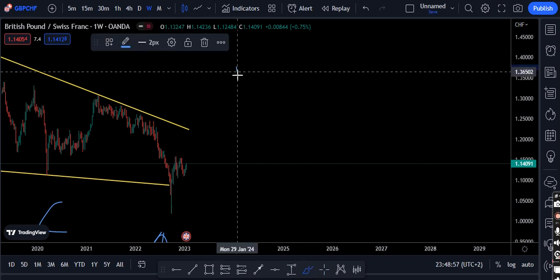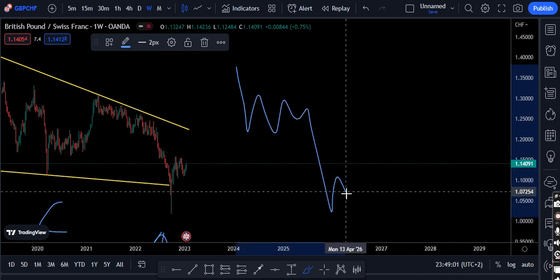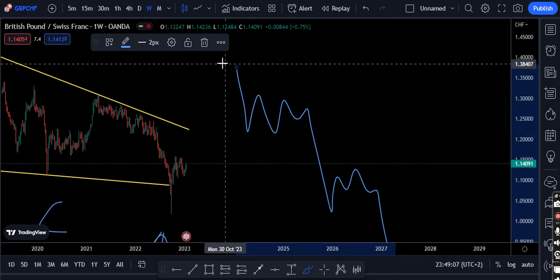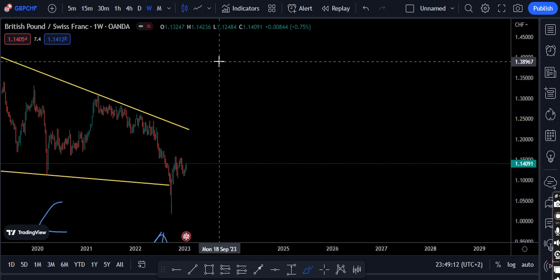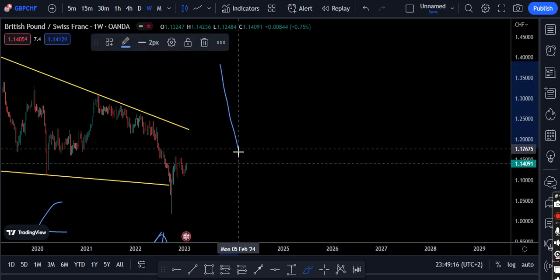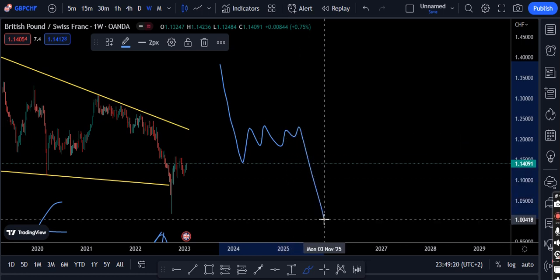The market moves in impulses and corrections. So with that being said, we're going to focus specifically on the impulse, correction, and impulse.